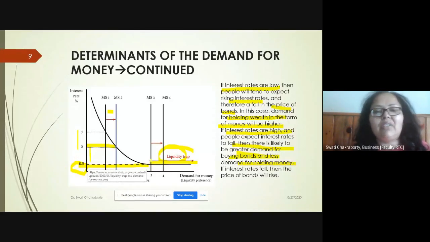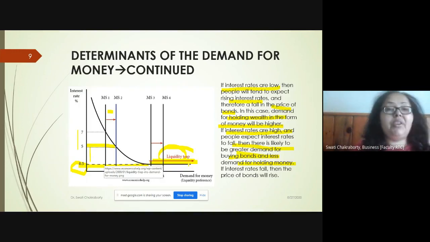So everyone wants to prefer holding money. Even if the total amount of money in the economy goes up, the interest rate remains the same. It doesn't have any effect because people know that this is a very bad situation.